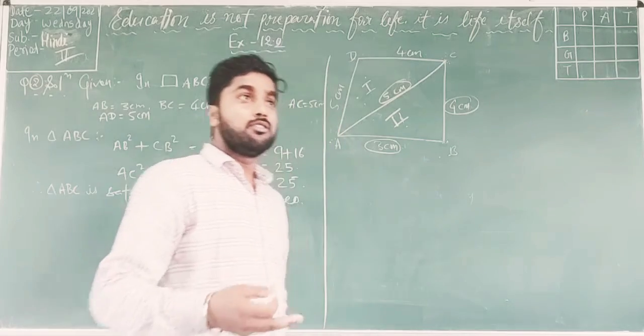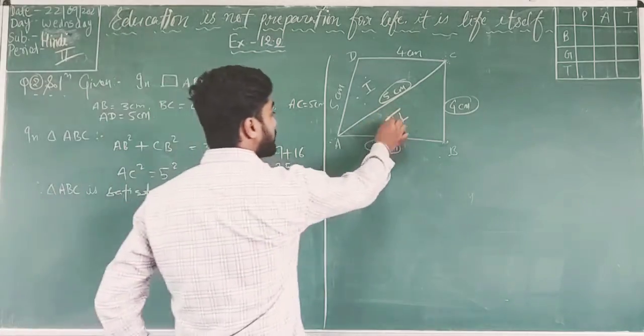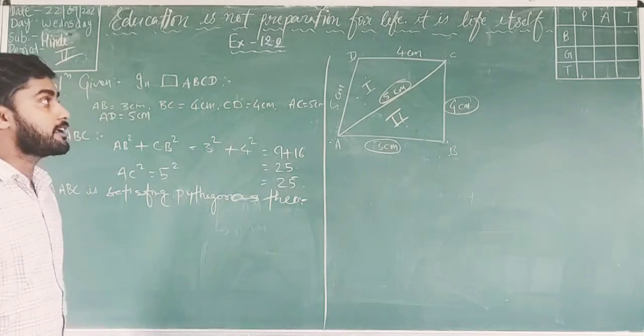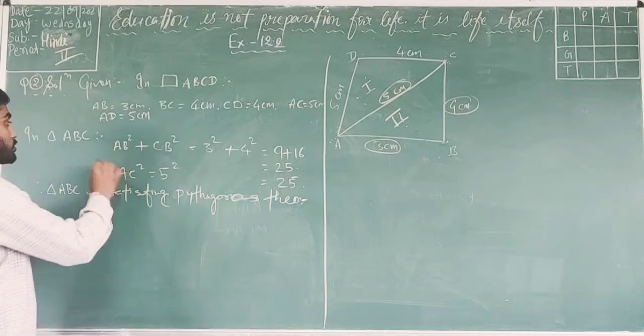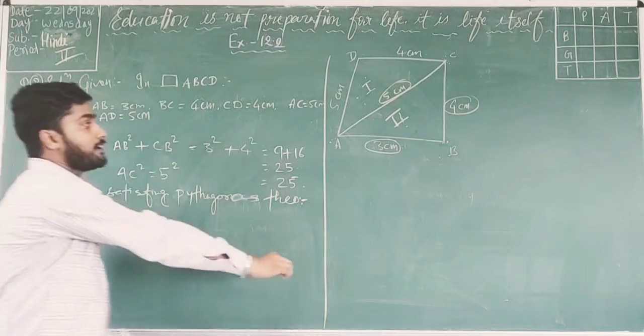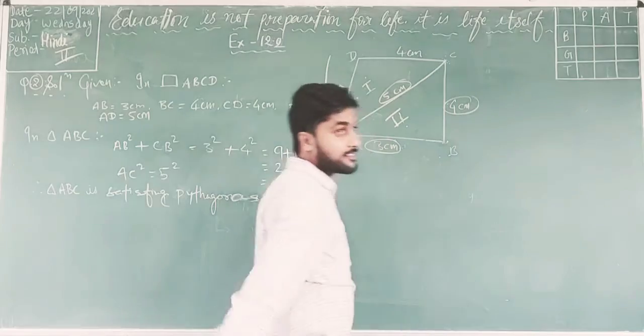Then what we can do? We apply Pythagoras theorem in triangle ABC. It satisfies Pythagoras theorem because perpendicular square plus base square is equal to hypotenuse square.